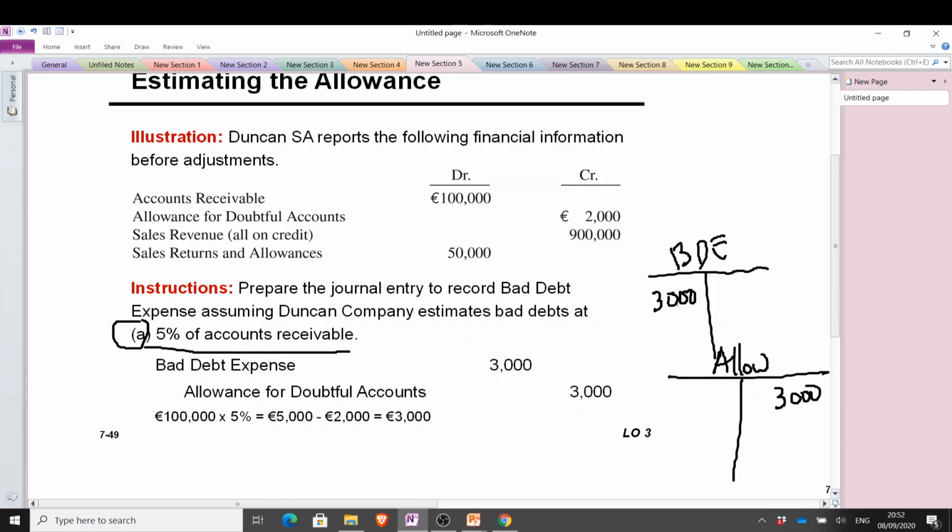So you see here, we do not deduct our accounts receivable, but we create an allowance. So we create an allowance here, okay?